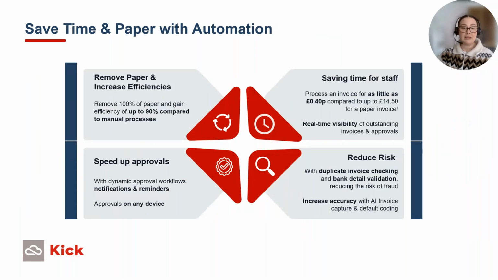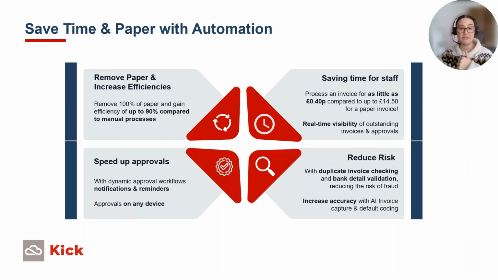So the goal is to allow your organization to firstly remove 100% of paper from your current process, alleviating any storage costs and considerations, and making things such as audit more straightforward with access to all of those invoices in one centralized place. It also puts businesses in good stead for the government's 2029 mandate, when it will be mandatory for all businesses to use e-invoicing for all VAT invoices.